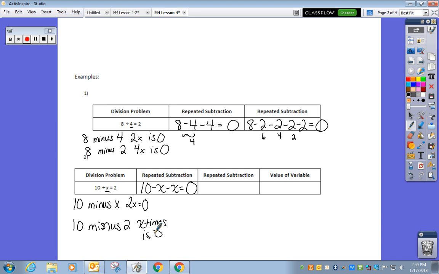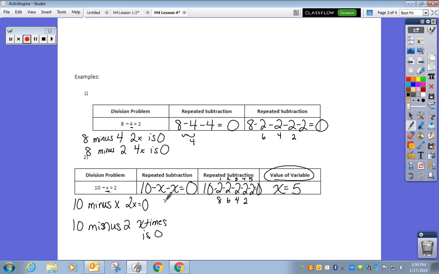So I can do 10 minus 2, which is 8, minus 2, which is 6, minus 2, which is 4, minus 2, which is 2, minus 2, which gives me that 0. And now I can count how many times I subtracted 2. 1, 2, 3, 4, 5, to see that the value of the variable, or what x is equal to, is 5.